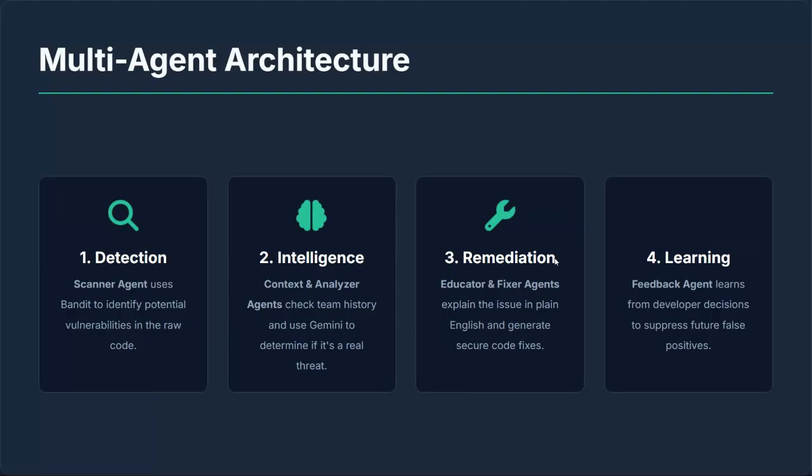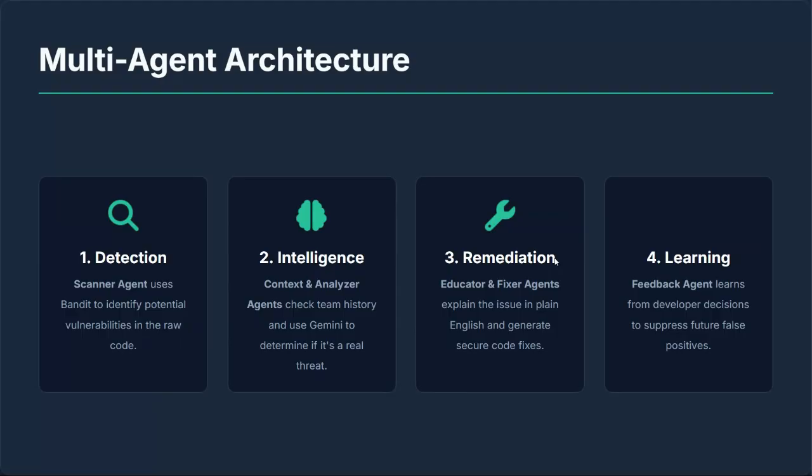The intelligence layer is where the context and analyzer agents check the team's history and how they treat some of the patterns identified by security tools, and then use Gemini to determine if it's a real threat based on the team's risk appetite. The remediation layer is where the educator and fixer agents sit, explaining the issue to users in plain English as well as generating secure code fixes for the identified issues.